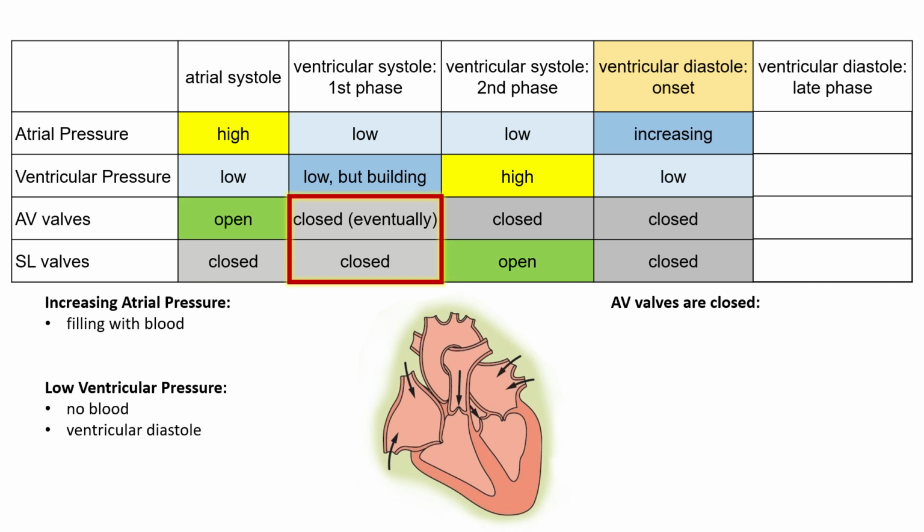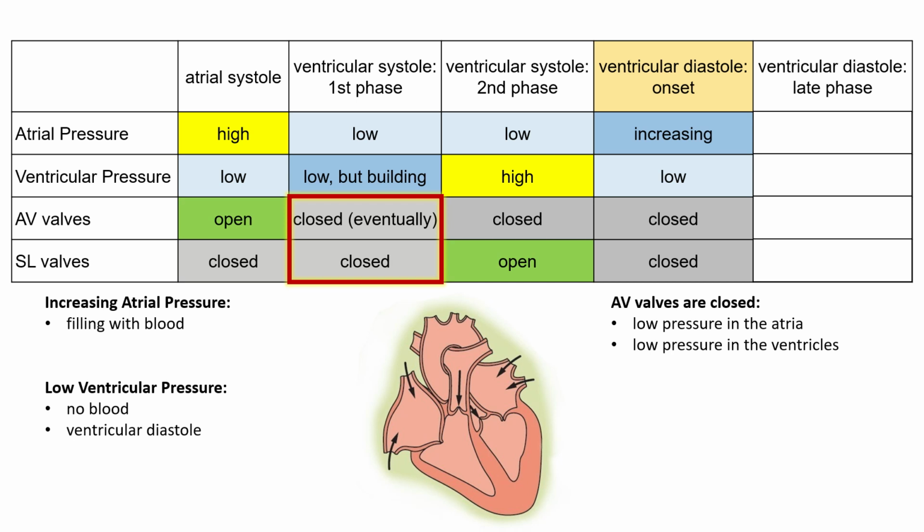Now why is that? Particularly when we know that we have low atrial pressure and low ventricular pressure. Well, there could be a couple of reasons for this. Keep in mind that we are talking about the onset, the moment just at the beginning of this cycle as we transition into it.